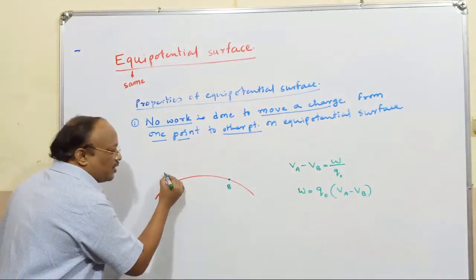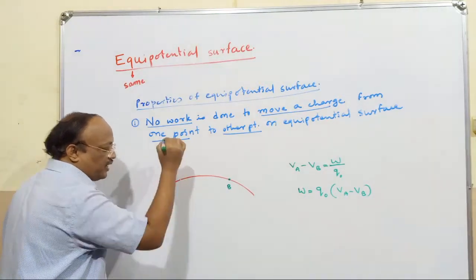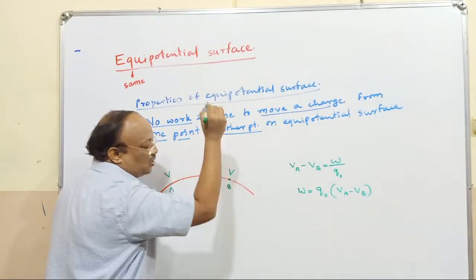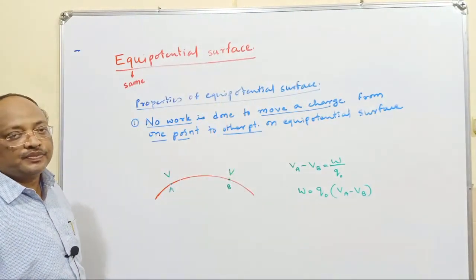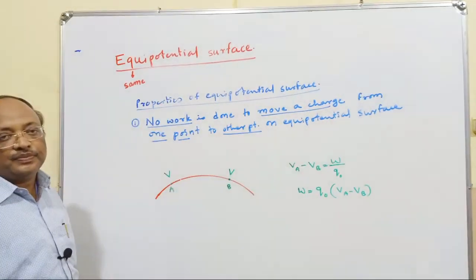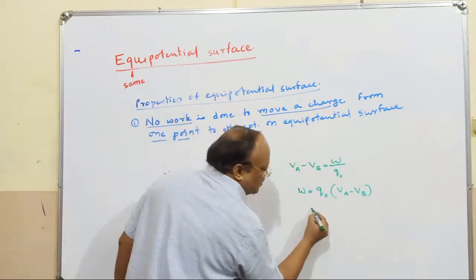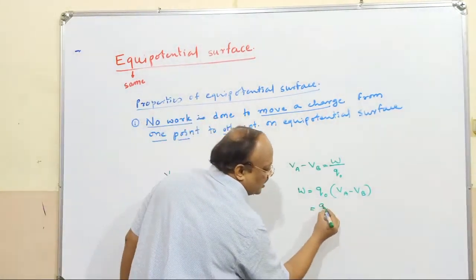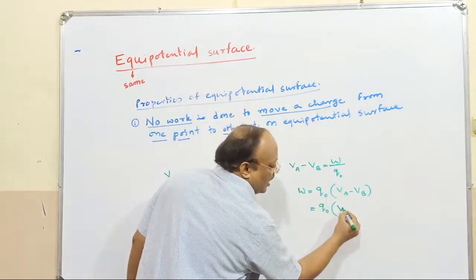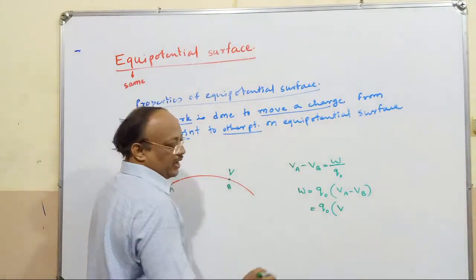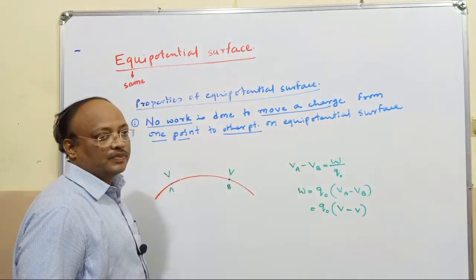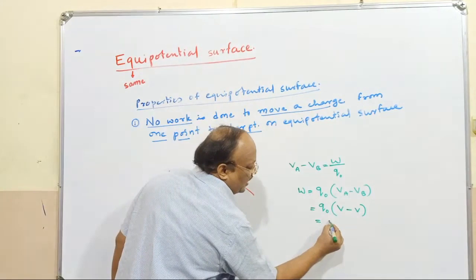In the sense, if the potential at A is V, the potential at B is also V. If I substitute in this expression of work done, at VA the potential is V, at VB the potential is V. So the amount of work done is 0.